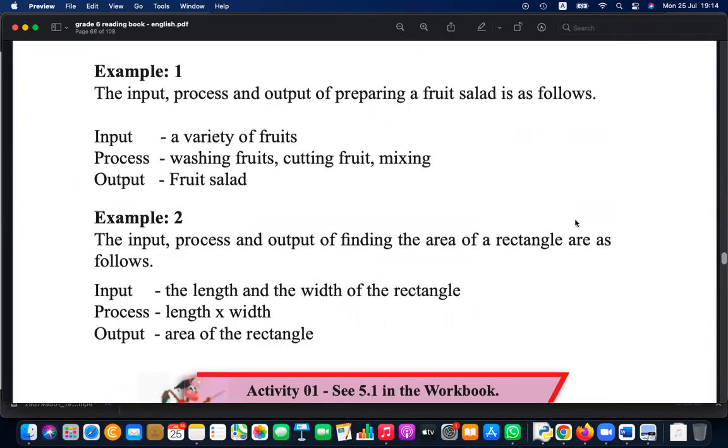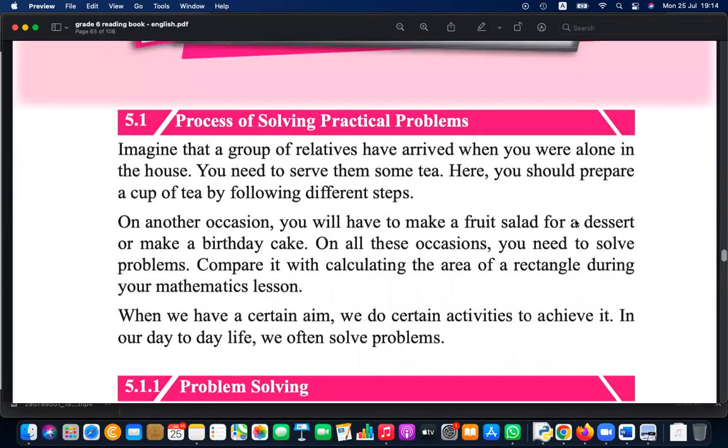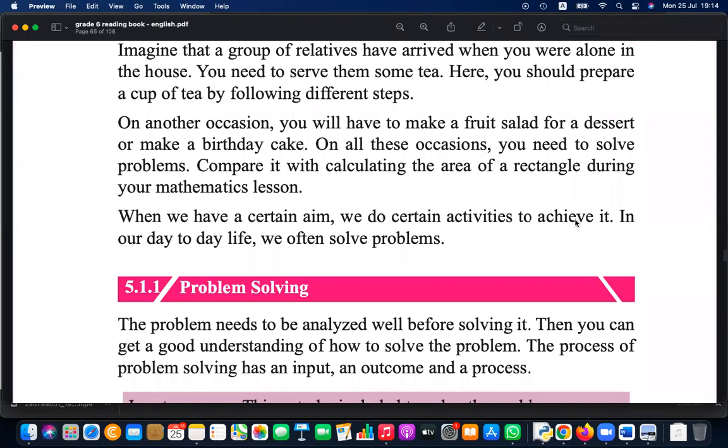What we were discussing is solving a problem by identifying the basic things related to problems. That is basically input, process, and output. These are the basic three components of a problem. Then we need to write an algorithm.